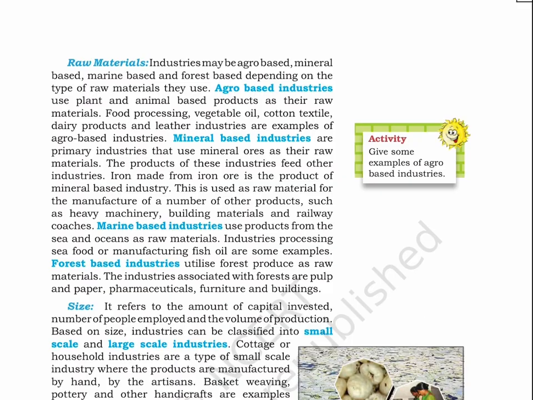Agro-based industries use plant and animal-based products as their raw materials. Food processing, vegetable oil, cotton textile, dairy products, and leather industries are examples of agro-based industries.